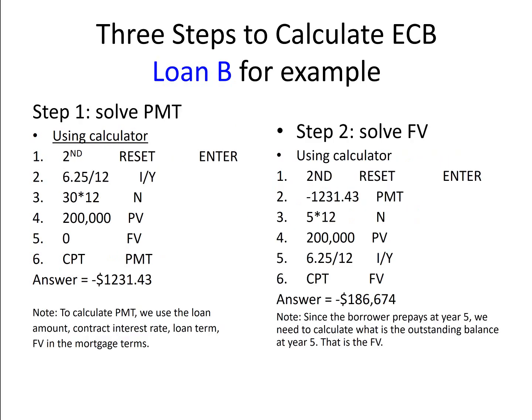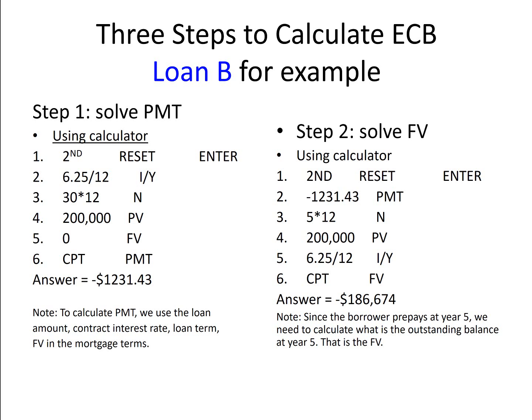Now let's look at the effective cost of borrowing for loan B. For loan B, we calculate the monthly mortgage payment, which is $1,231.43. We use the contract interest rate, loan maturity, and mortgage amount from the mortgage terms. In the second step, we calculate the future value for loan B at the end of year 5.